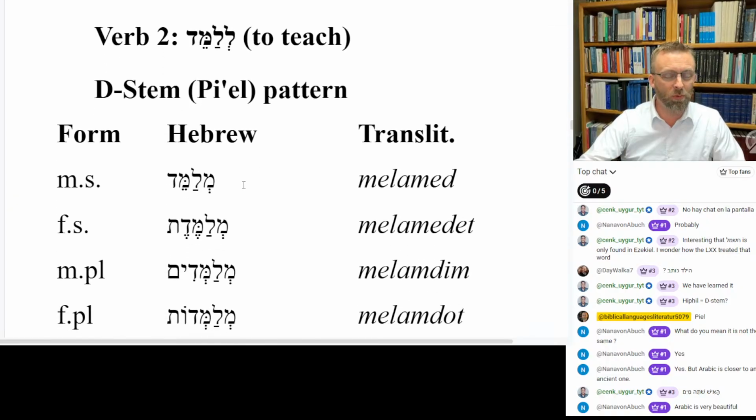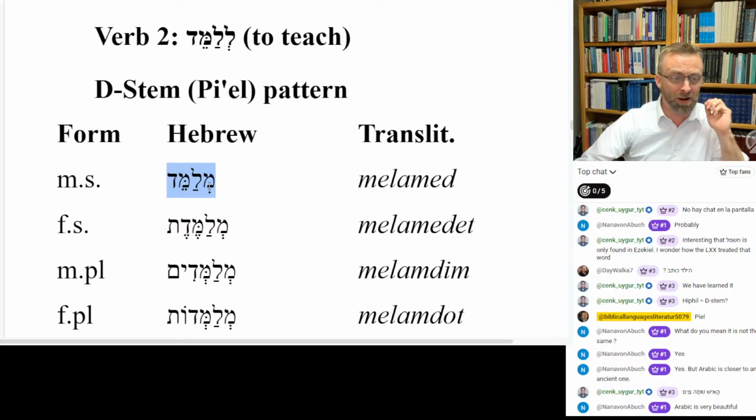Okay, now when we take this verbal root into the D stem, it means to teach. Lelamed is the infinitive. Now notice what happens. Milamed. Oh, wait, that's just like the verb midaber that we learned, to speak.